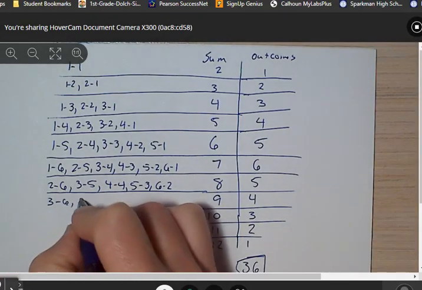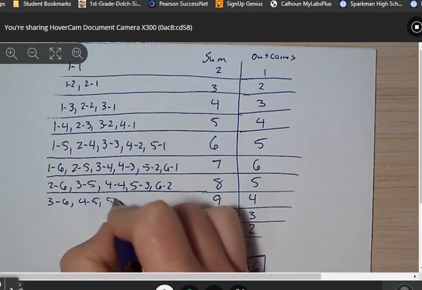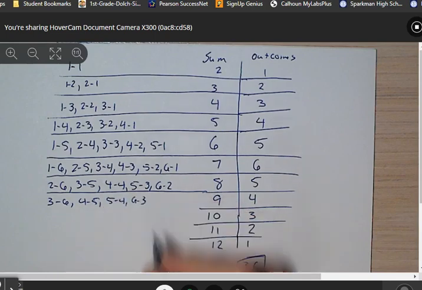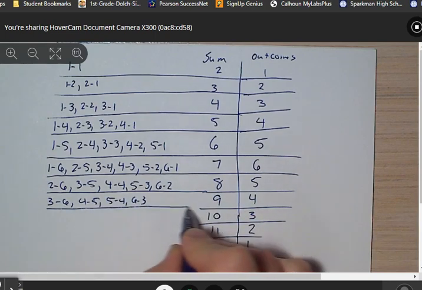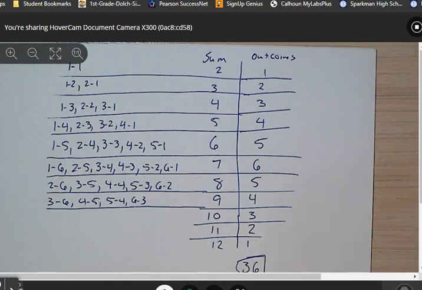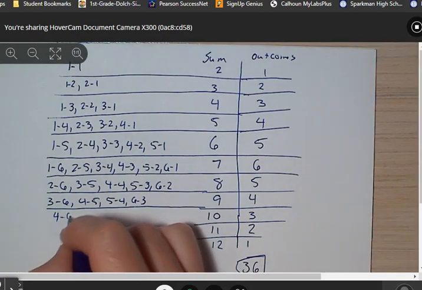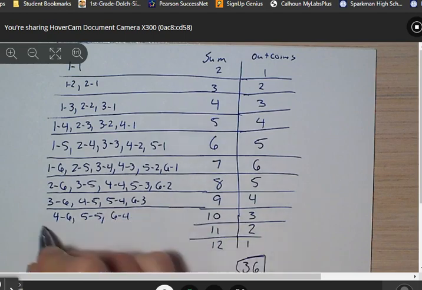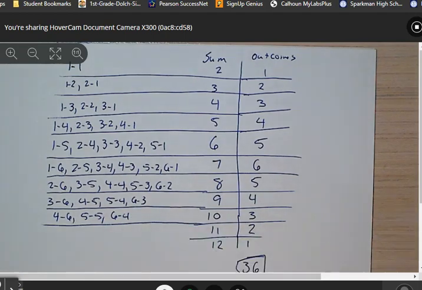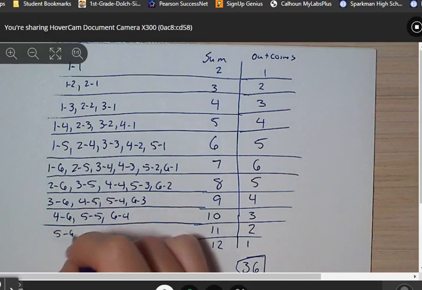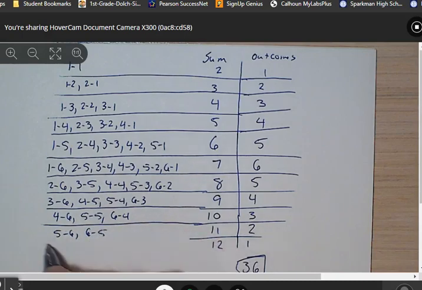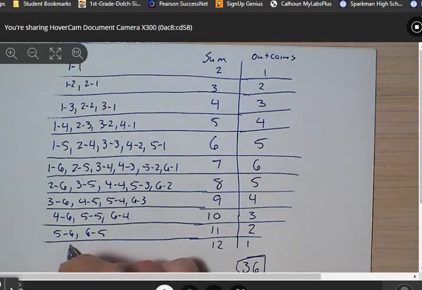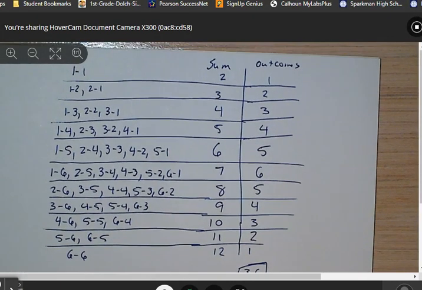This would have to be 3, 6, 4, 5, 5, 4, 6, 3. To get 10, 4, 6. Okay, so if you need the full complete chart, that would be your full complete chart there.